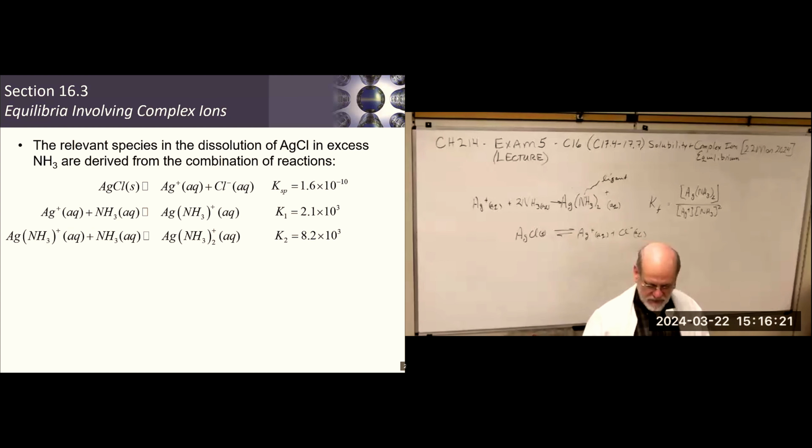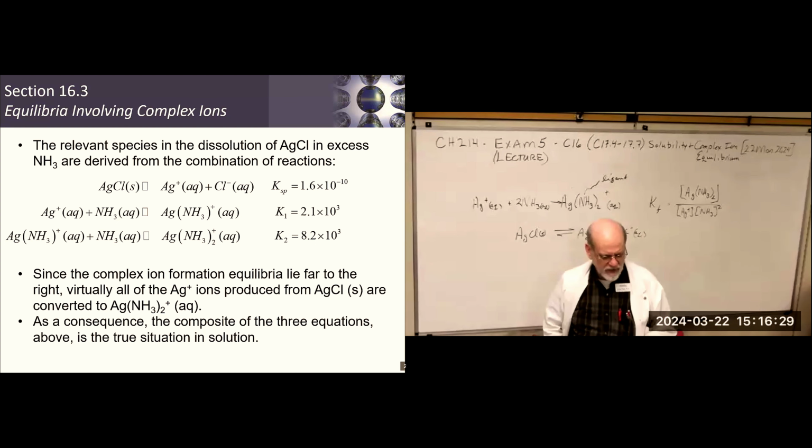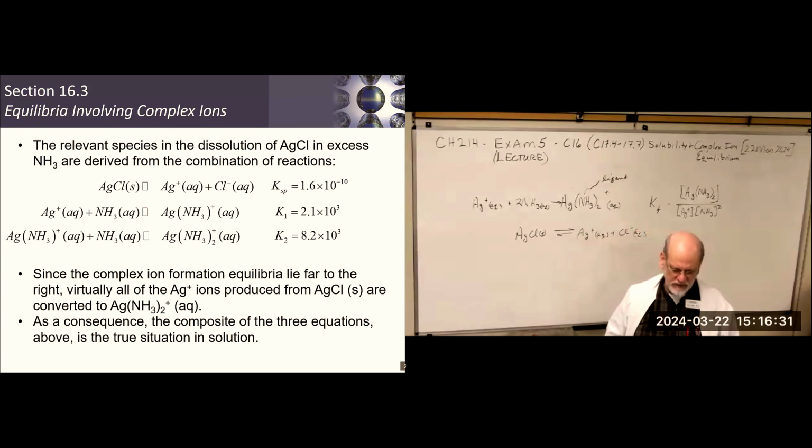Since the complex ion formation equilibrium lies far to the right, virtually all the silver ions produced from silver chloride are converted to diammine silver plus.